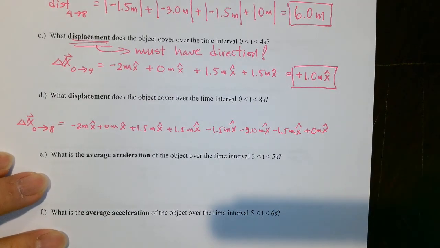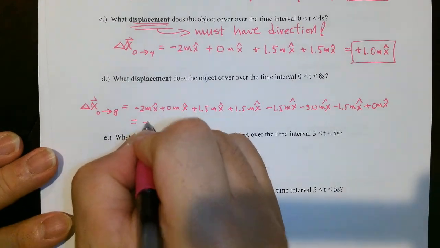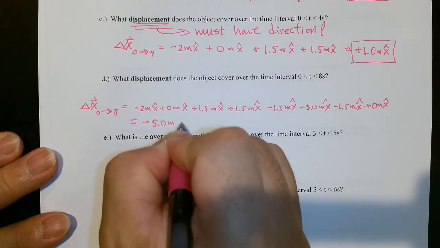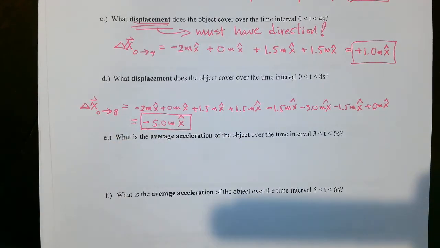Okay. So if you work it all out, you're going to get -5 meters x hat as my change in position from 0 to 8 seconds. All right.